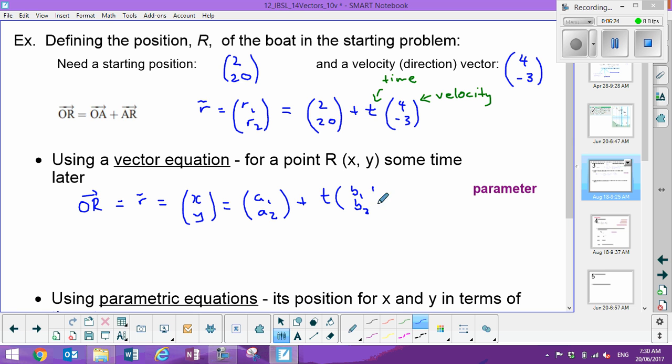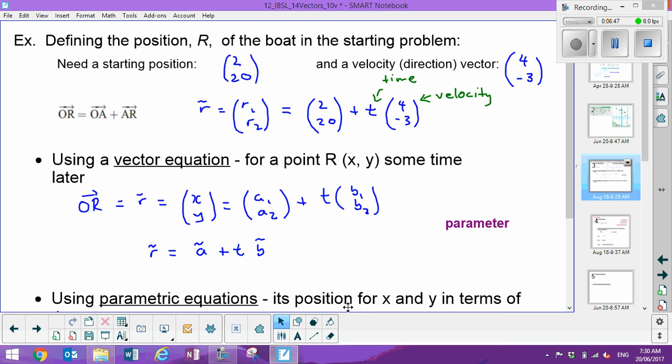So that's what we've seen. Or we can abbreviate it right down to: r equals the position vector of some point on the line plus our parameter times the direction vector. So the thing to remember, this is our direction vector, and this is a parameter. In this case we've used a T, but we could use an S. You'll find you use different letters for those parameters.